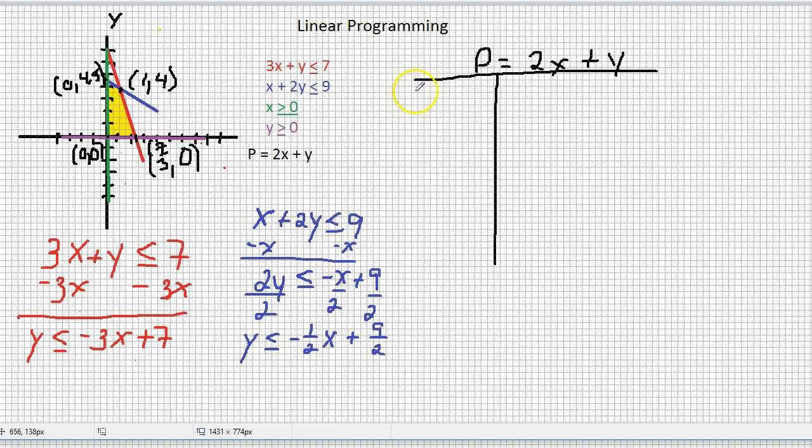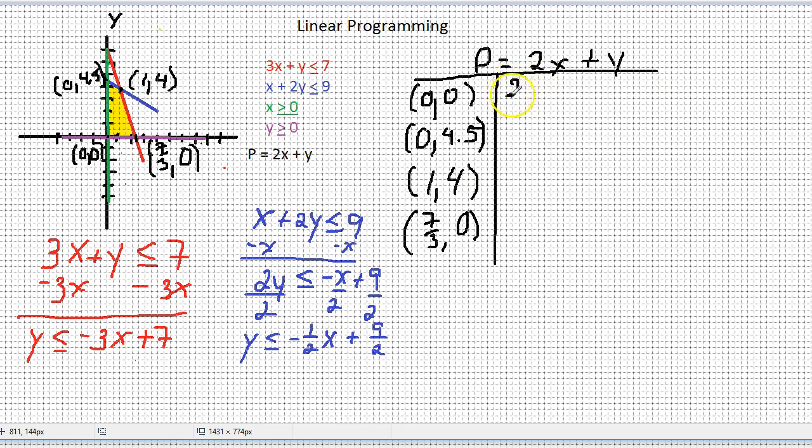Let's put our points. So we have the point 0, 0. I'll just travel around the figure: 0, 4.5. We have the point 1, 4. And then we have the point 7/3, 0.